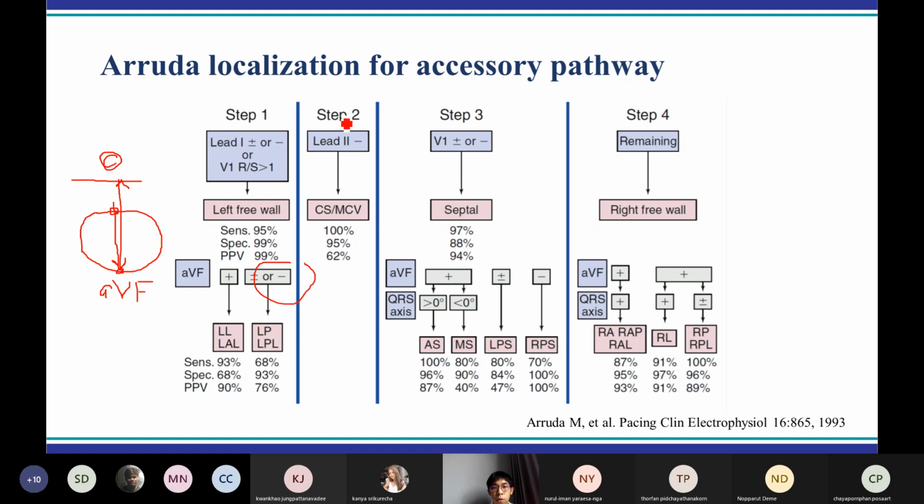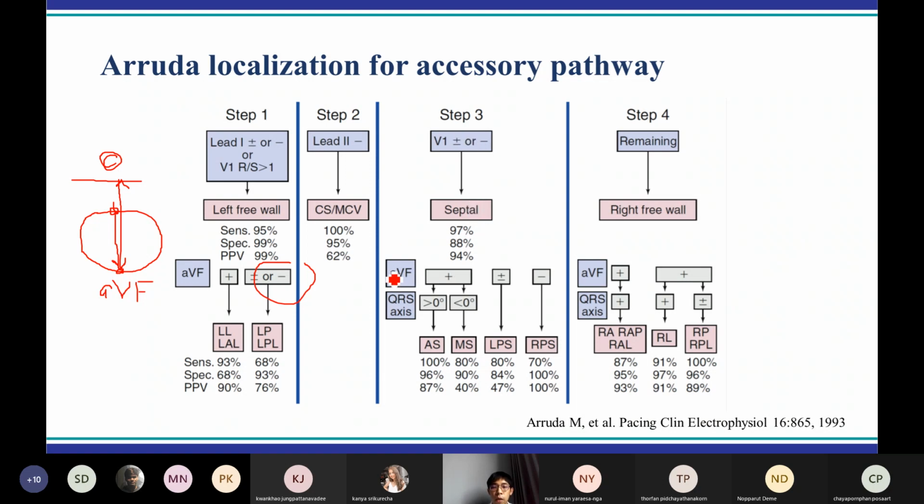And step 2 is to look at lead 2. If it is negative, the accessory pathway should be in the coronary sinus or in the middle cardiac vein. On step 3, you go back and look at the delta wave in lead V1. If the delta wave is isoelectric or negative, it should be a septal pathway.